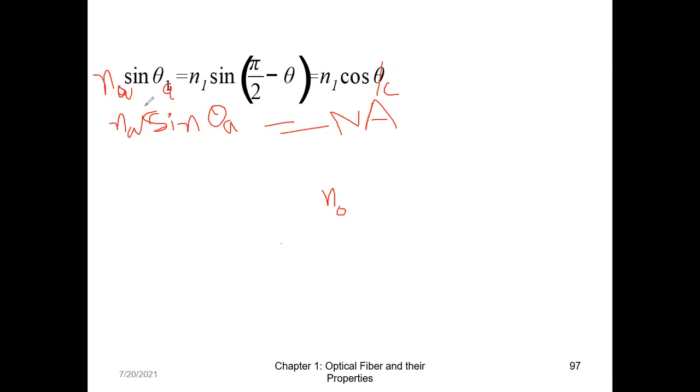At that time this part was only missing, and we had many equations there. You can see those steps. But if I retain this, then what we defined was sin theta a is equal to numerical aperture na. So na as such had no separate formula apart from all those equations.